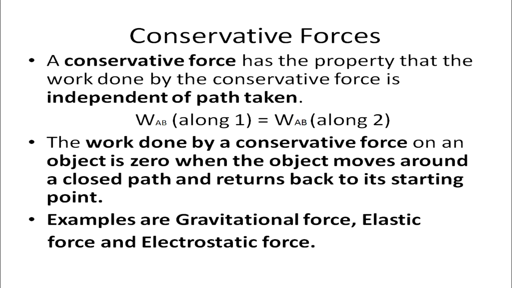This means that it is independent of the path taken. WAB along 1 is equal to WAB along 2. The work done by a conservative force on an object is 0 when the object moves around a closed path and returns back to its starting point. Examples of conservative forces are gravitational force, elastic force and electrostatic force.